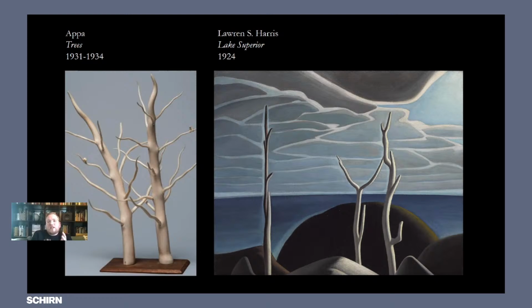But we can also, when we change how we look at the archive and the images that are already there waiting for us, have a much more enriched idea of how Canada has been represented, how Canadians have represented it, and also how Inuit art has always been a fundamental facet of Canadian art history, instead of a different relationship that is very much connected to this contemporary period after 1950.